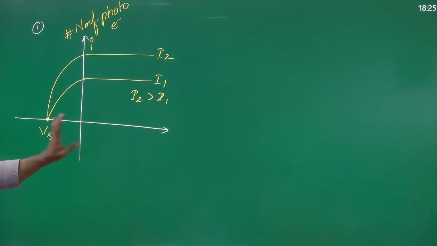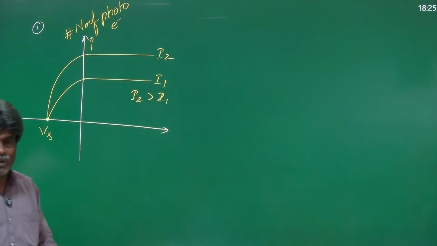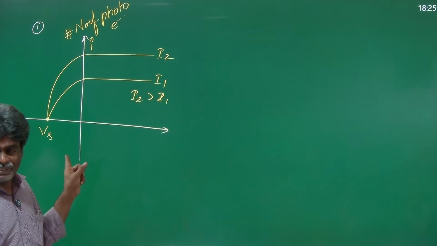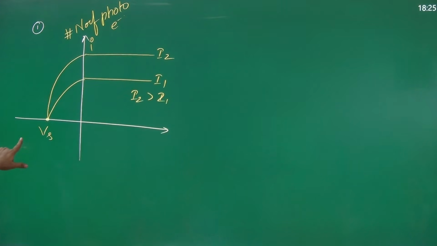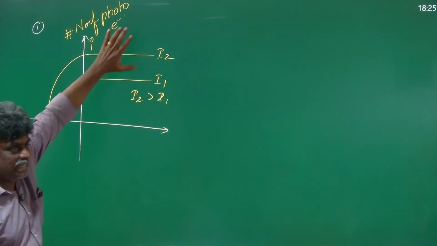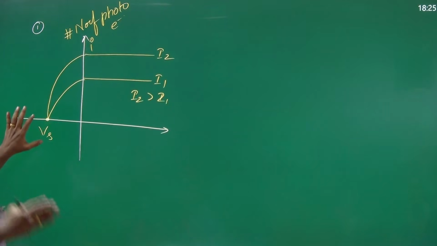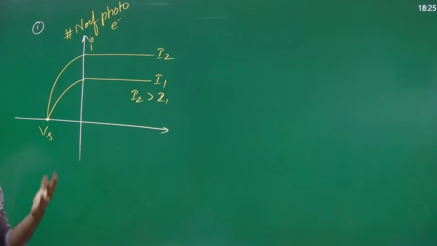In the textbooks, the graph will be like this. They won't represent with kinetic energy, they represent with Vs. Different intensities, stopping potential is same. But that stopping potential means eVs is nothing but kinetic energy. That's why different intensities are having the same kinetic energy or same stopping potential. Clear? That's it.